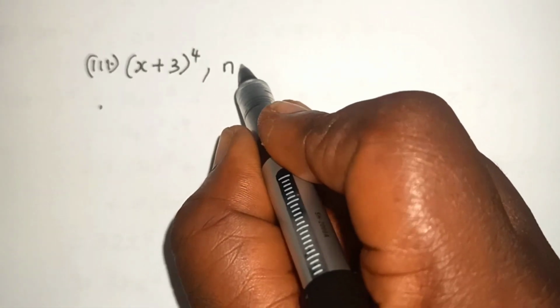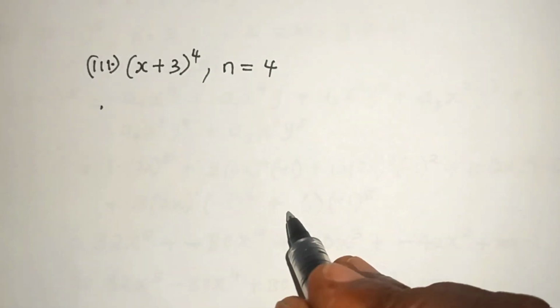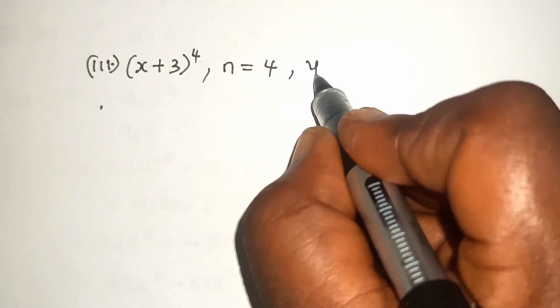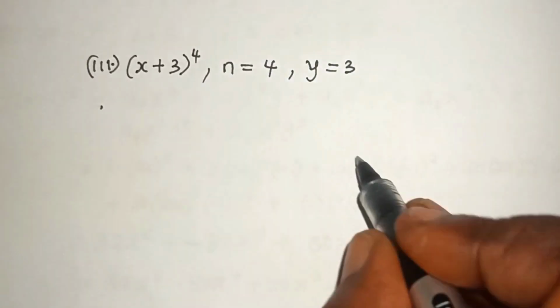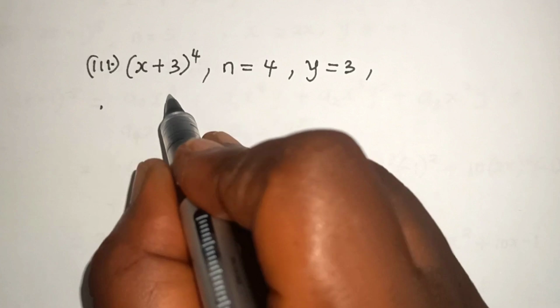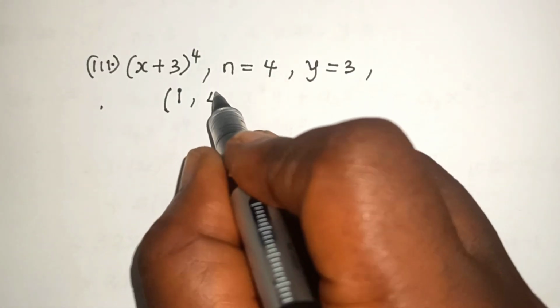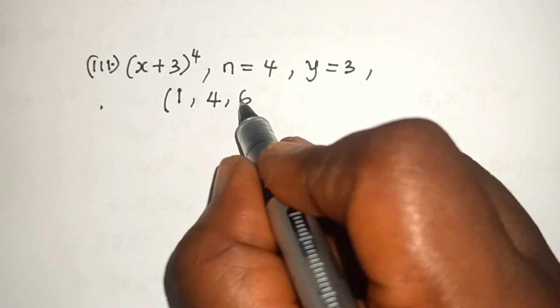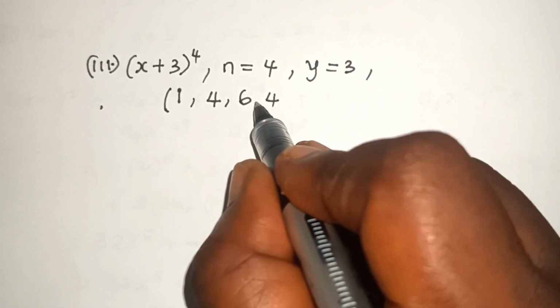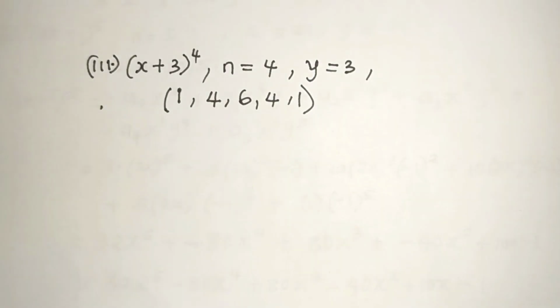In this case, n is equal to 4. y is equal to 3. And the coefficients to be used will be 1, 4, 6, 4, 1.